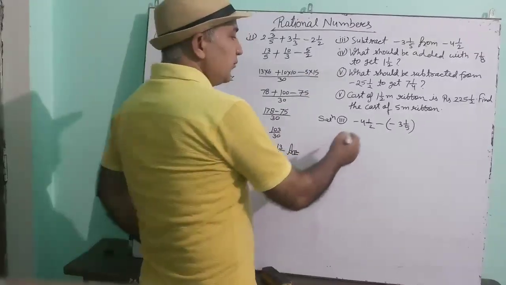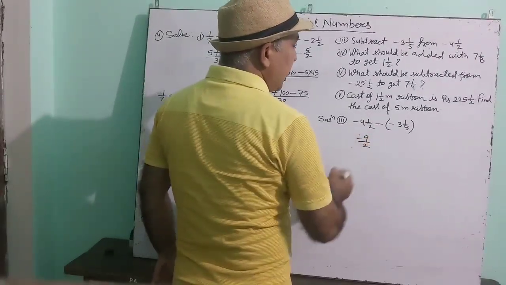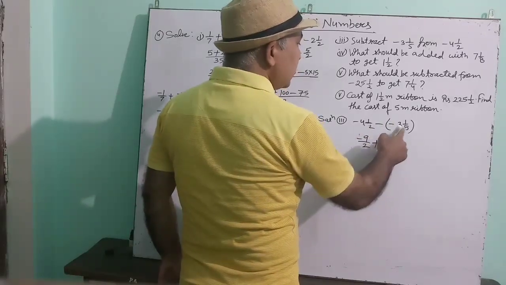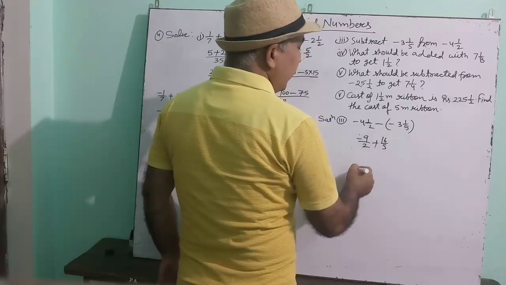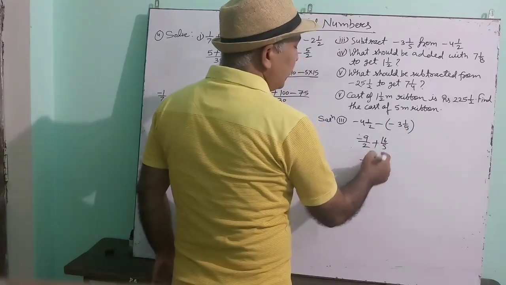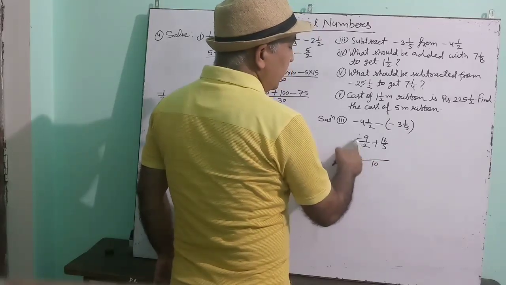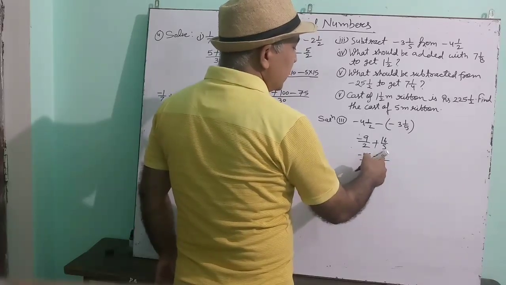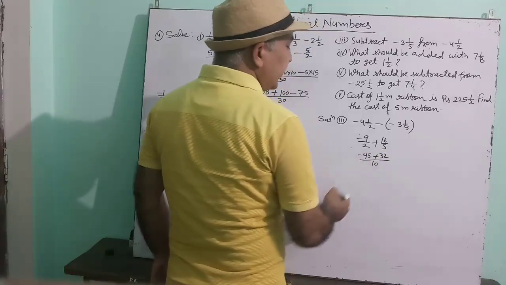Now solve this one. 2 into 4 is 8 plus 1, 9. It has become minus 9 by 2. This is minus into minus becomes plus. 5 into 3, 15 plus 1, 16 by 5. Now 2 and 5, the LCM will be 10. 2 dividing 10 coming 5. 5 into minus 9 is minus 45. Plus 5 dividing 10 coming 2. 2 into 16 is 32.